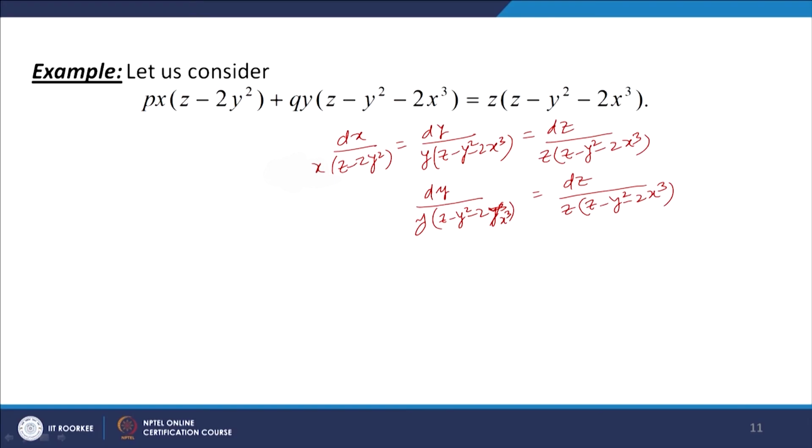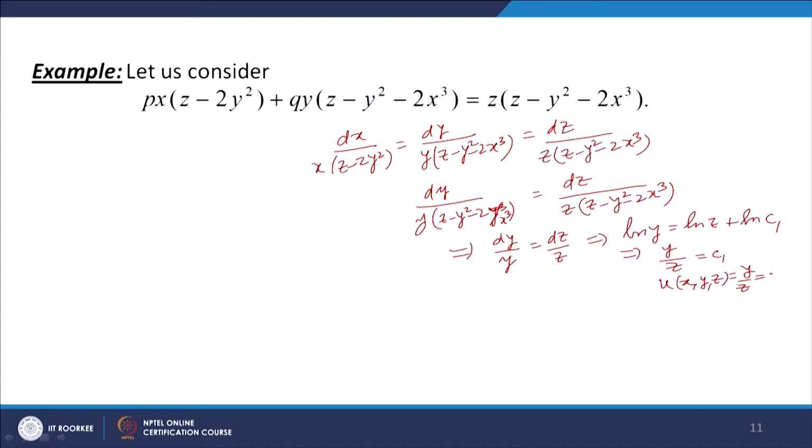So, from this what we get, this factor will cancel, we will get dy by y equal to dz by z, and this will give you ln y equal to ln z plus ln c1. So, we get one solution y over z equal to c1. So, one solution we have got, we can take it as u equal to y over z equal to c1.